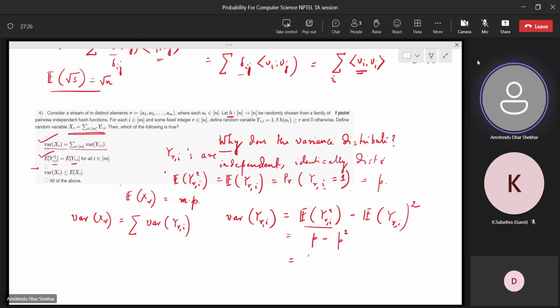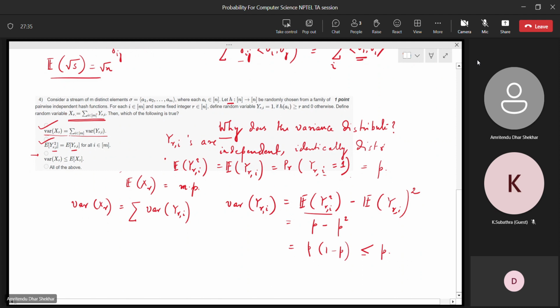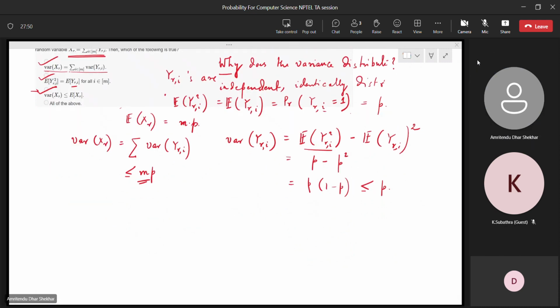So this is equal to p times (1 minus p), which is less than or equal to p. So the summation of the variances is less than or equal to m times p. The third option is also okay. I hope it's clear. Yes, sir.